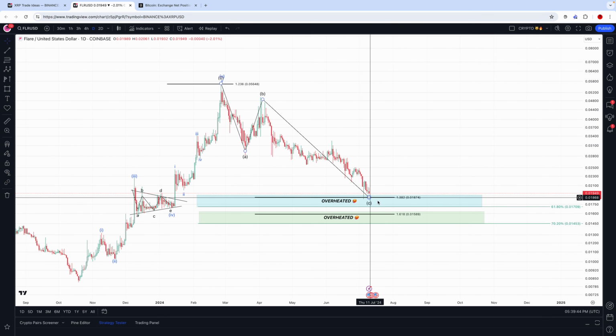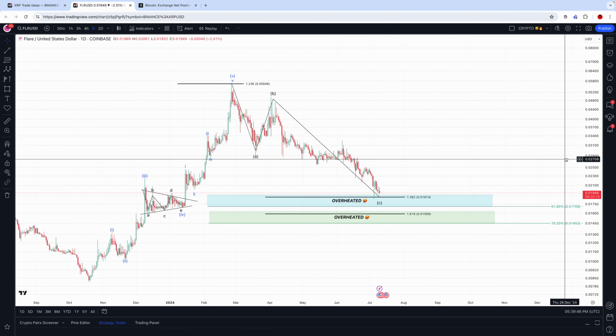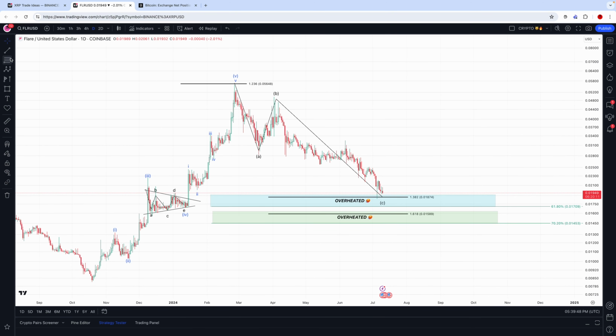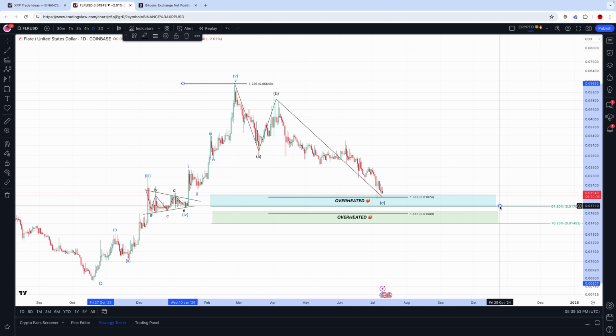And then let's say it bottoms out here at this 61.8% fib in the first overheated zone. Let's take a look at our targets over here.